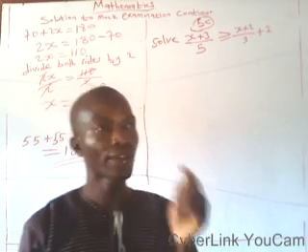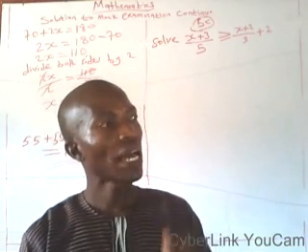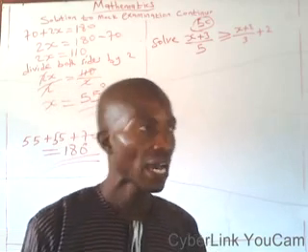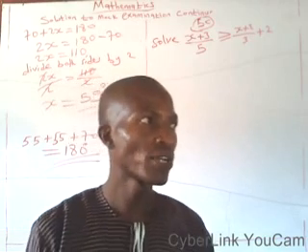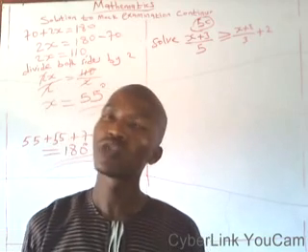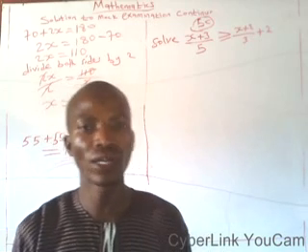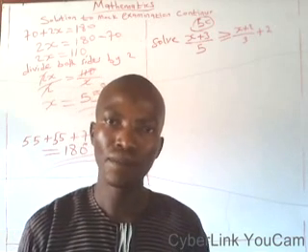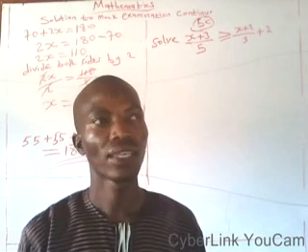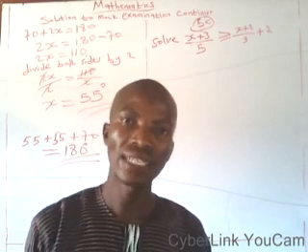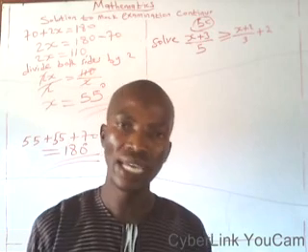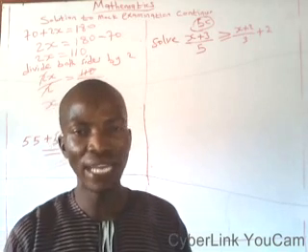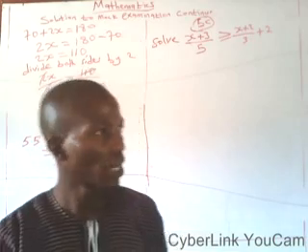But when you are given a fraction equals to another fraction plus or minus another fraction or plus or minus a whole number, what is going to make your work fast and steady is that you need to find the LCM of both sides. Then you multiply both sides by the LCM. Now let's try that.